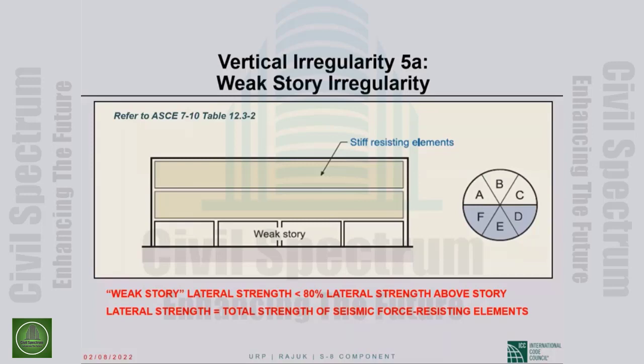The second line is what I just told you. Lateral strength is total strength of seismic force resisting elements. So weak story means lateral strength is less than 80% of lateral strength of the story above.